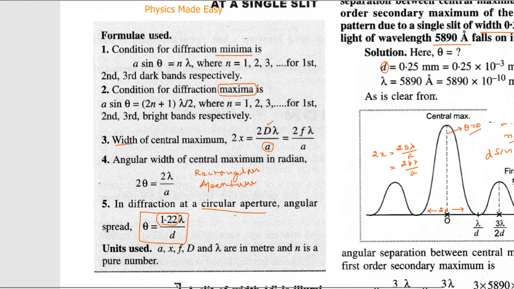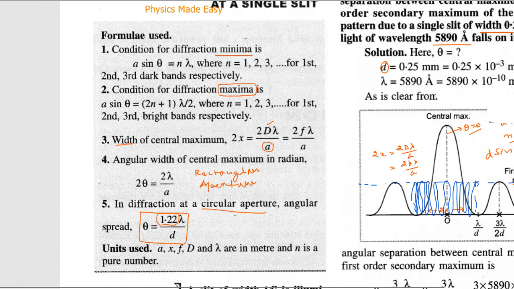Now how will it look? If I assume the same diagram, this is the width of the central maxima up to this point, and here we shall be having 10 maxima, 5 on this side. It's very tough to draw 5. I have just 3, 4, 5 maxima of the interference pattern on this side, and 5 on both sides.